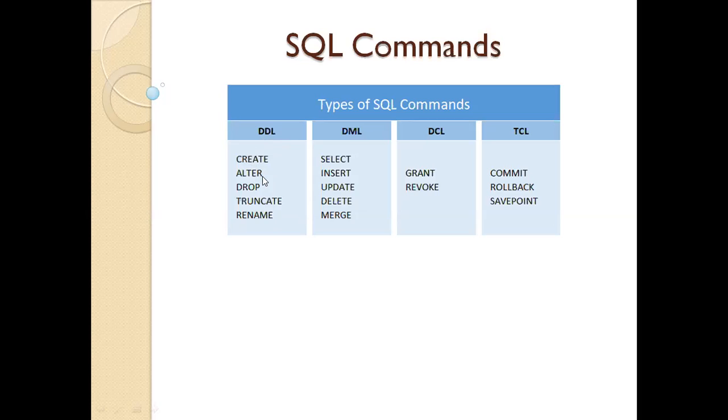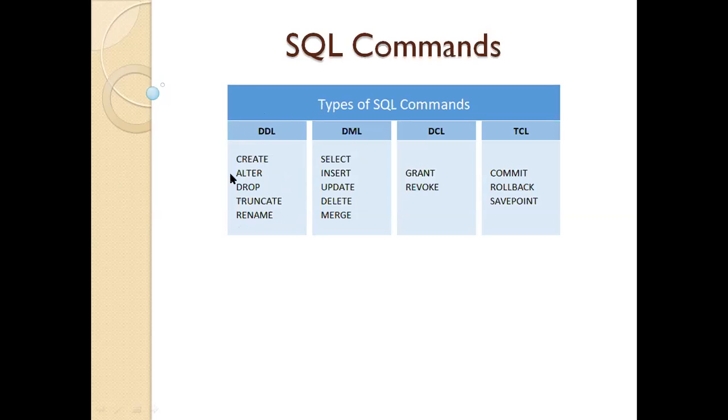If you want to change the size of the data type or the width, you use alter command. If you want to drop your table, you don't want your table, then you can use the drop command. Truncate means if you want to delete all the items from the table, you use truncate. And then rename, to rename the table name.